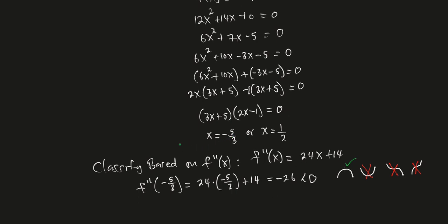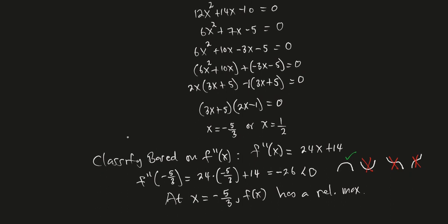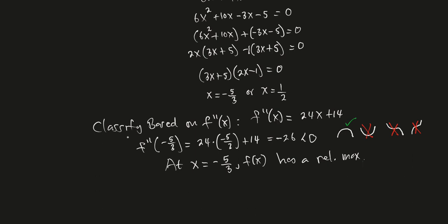So let's write that down. So at x equals negative 5/3, our original function f of x has a relative maximum. And again, it's based on these two things: stationary point, concave down. No other possibility.